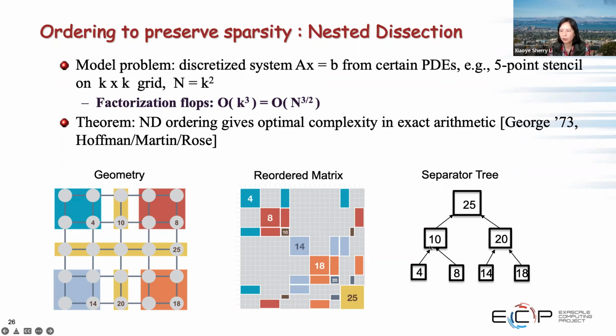So the non-zeros will go up to the parent ancestors, but they won't go sideways to affect the siblings or the other branches of the tree. And this separator tree is actually very powerful. Not only does it reduce the fill, it also helps you do parallelism. You can naturally have different processes assigned to different branches of the tree.